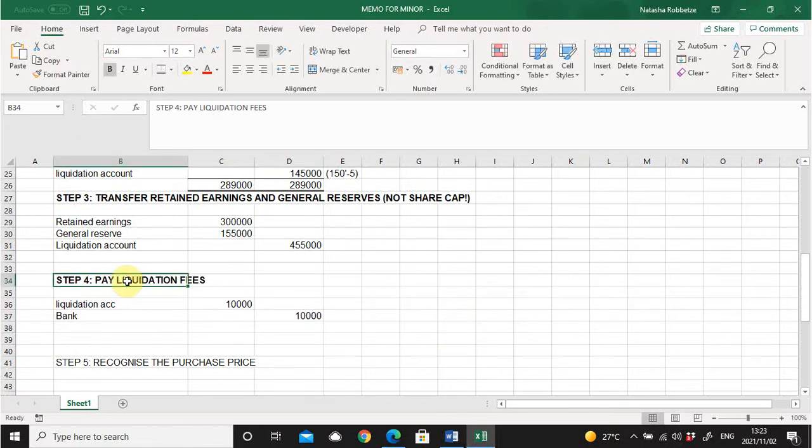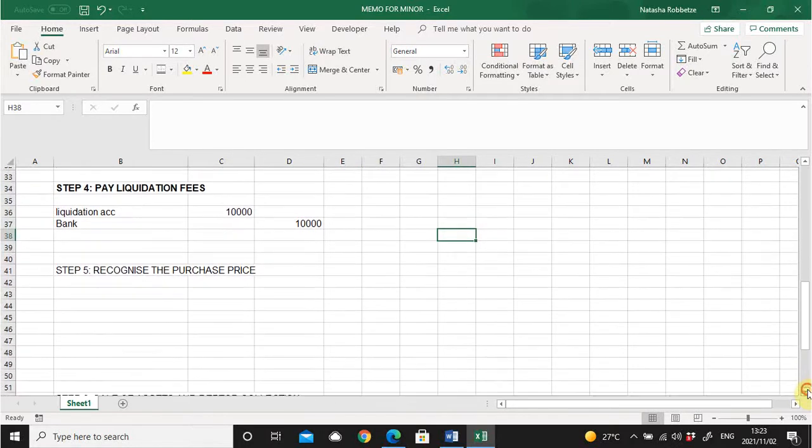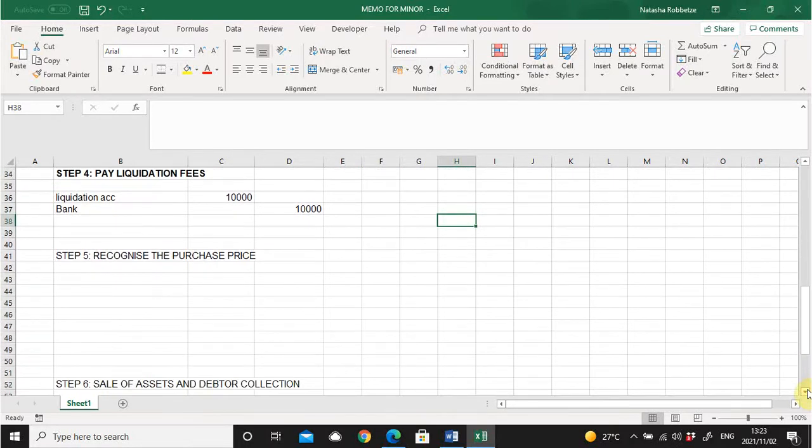Right, we're on step number 5, and that is to recognize the purchase price. For the purchase price, we have been given a table at the very beginning of the question.